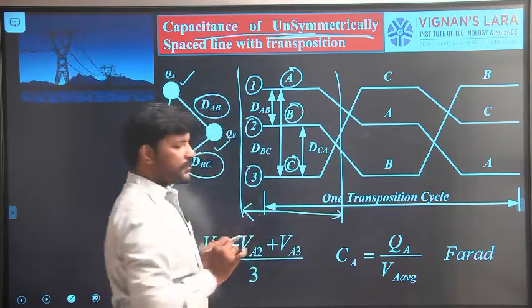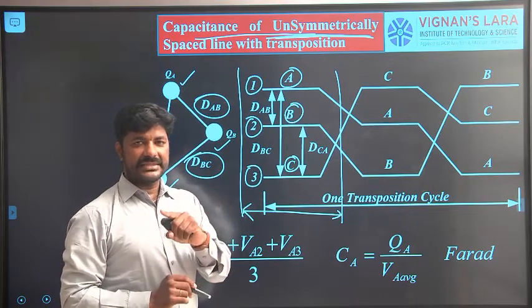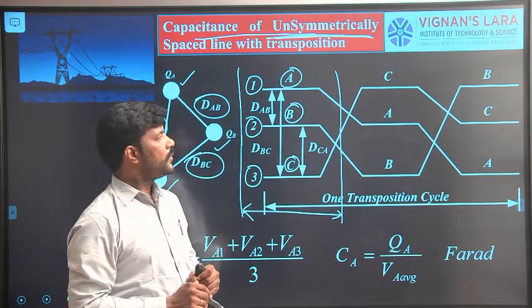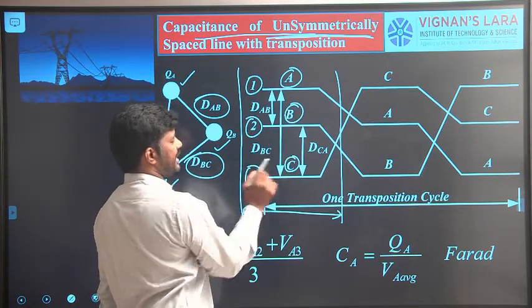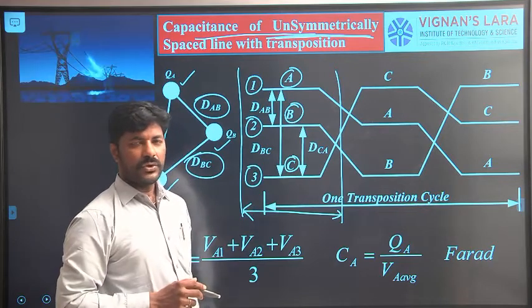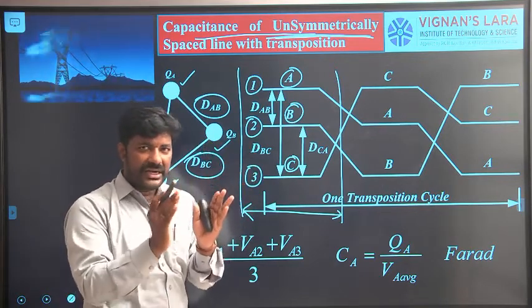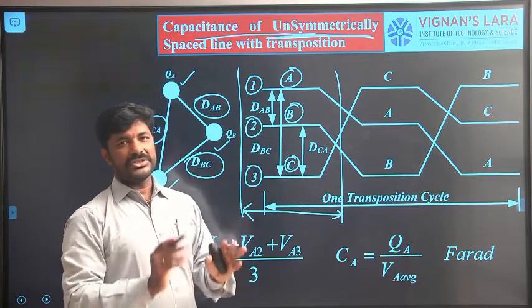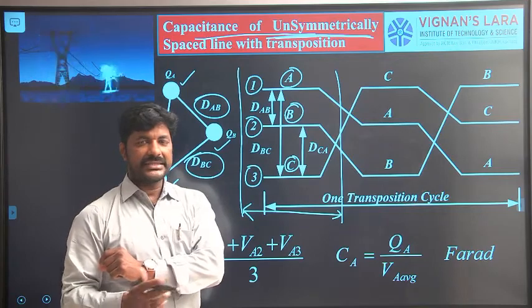The transposition cycle is also called the barrel length, as discussed similarly in the inductance. So conductor A is in first position, B is in second position, C is in third position. Total three positions, right? After completion of 1/3 of the barrel length, the positions of the conductors should be changed in a sequential fashion, that is cyclic order.